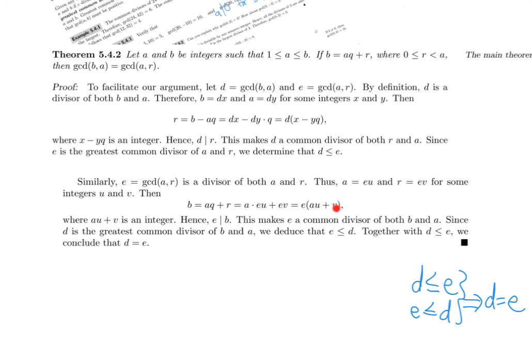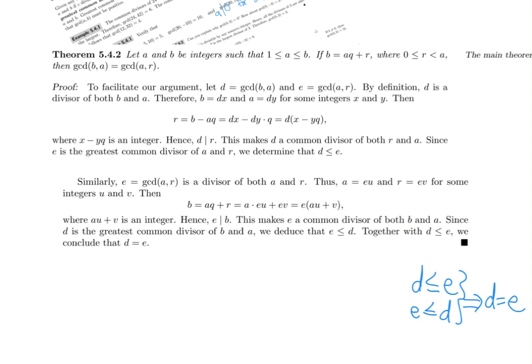And again, a times u plus v is going to be an integer because each of those, a, u, and v, are all integers. We're combining them with multiplication and addition, so it's still going to be an integer. That means e is a divisor of b. So that means e is a common divisor of both b and a.